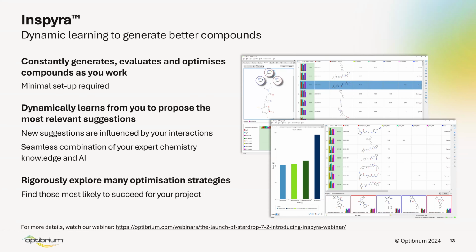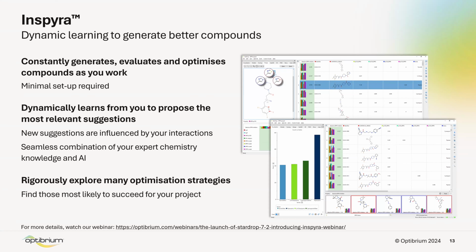It enables a human expert to guide and drive these generative chemistry methods to rigorously explore many different optimization strategies. So it removes many of the barriers that I spoke about. Instead of having to do lots of setup, it actually constantly in the background generates, evaluates, and optimizes compounds. It requires minimal setup. In fact, all you need to do is load a data set to get started.